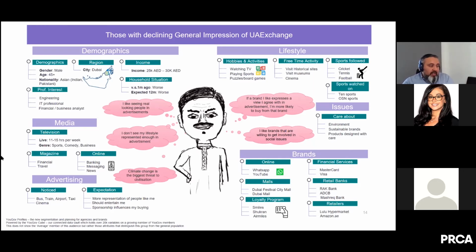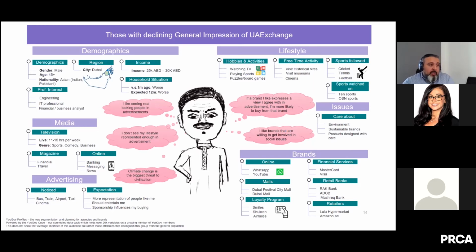Magazines, same again, financial and travel type magazines. Again, just getting an idea of what they're reading, where we might want to speak to these people. In terms of advertising, they've said that they notice advertising that's typically out of home or in the cinemas, even now. They're still saying that those are the main places where they actually recognize advertising more so than the general population.